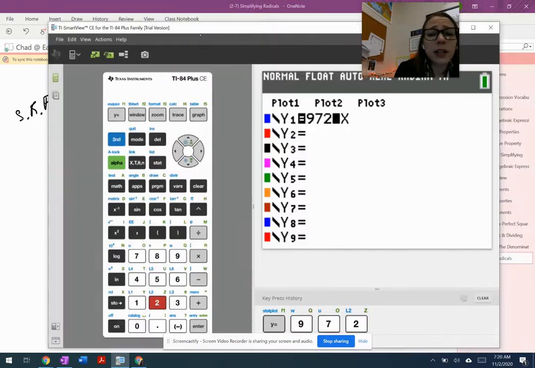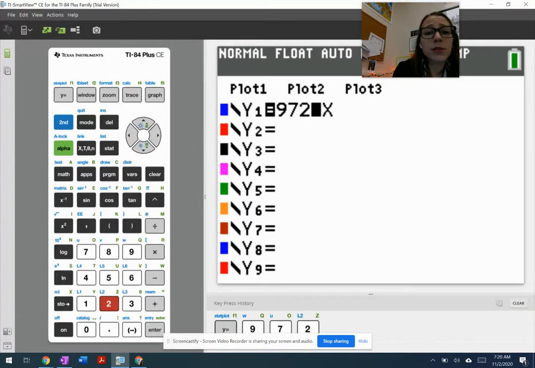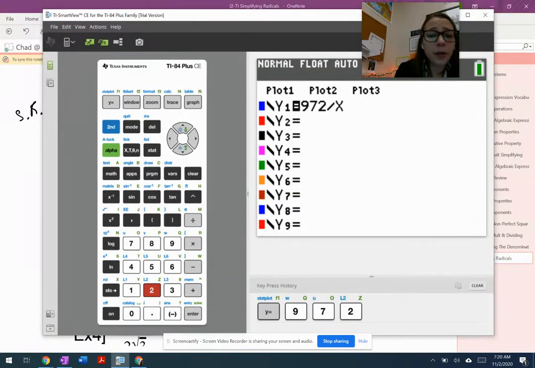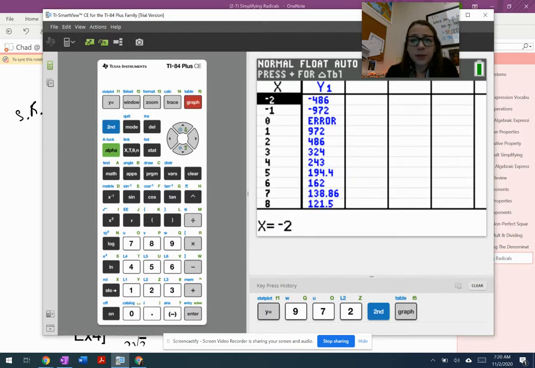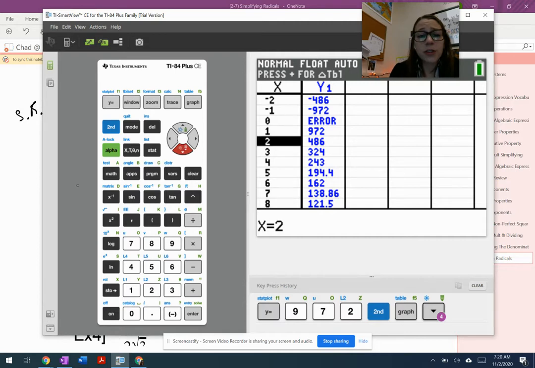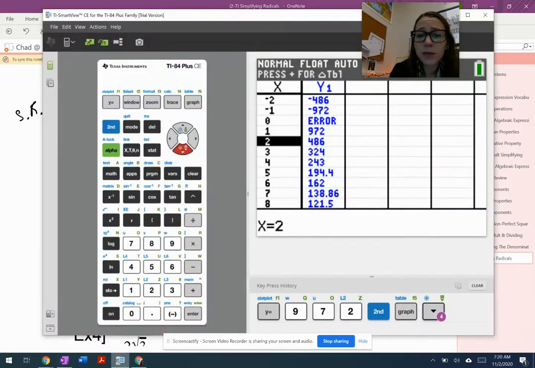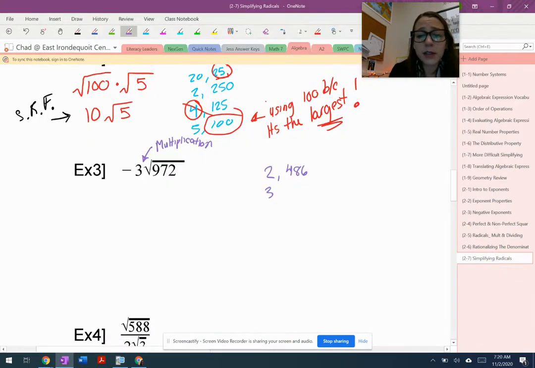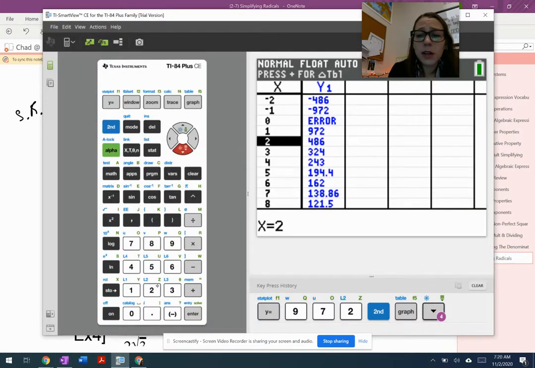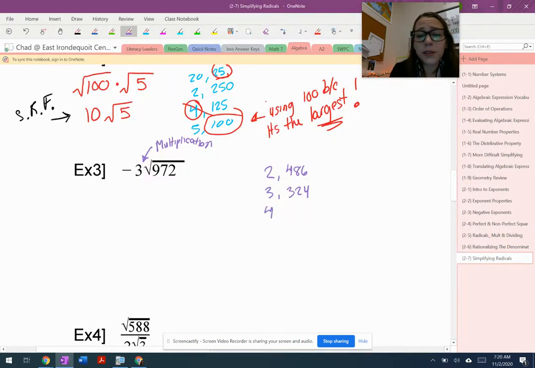I'm just double checking to make sure I put the right number in because we've all done something like that before. Second, and graph to get to my table. Okay, so 2 and 486. 3 and 324. 4 and 243.